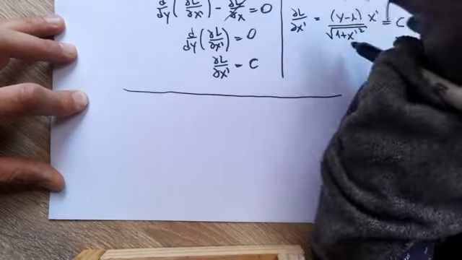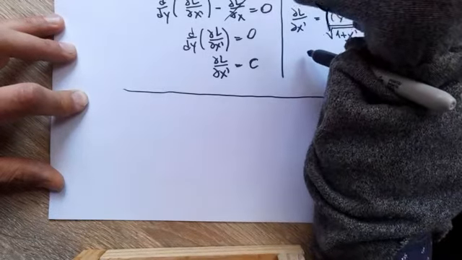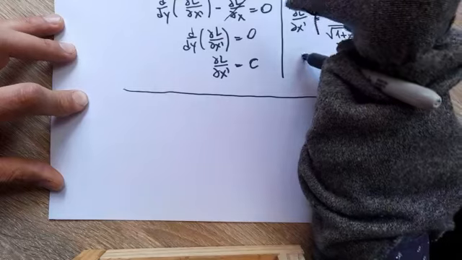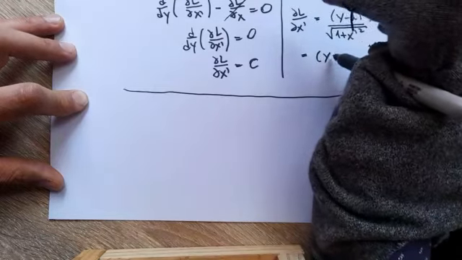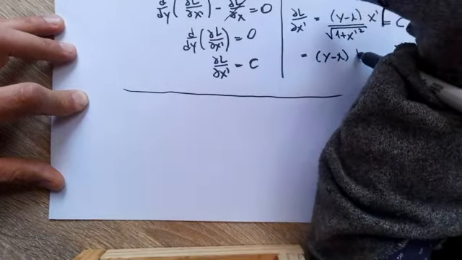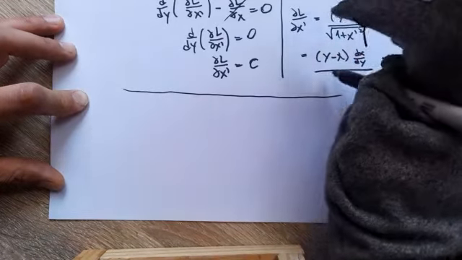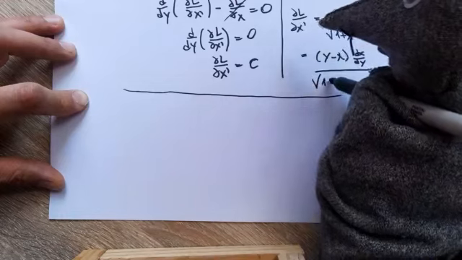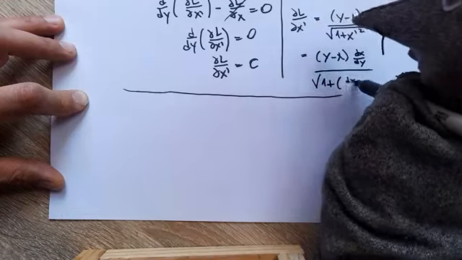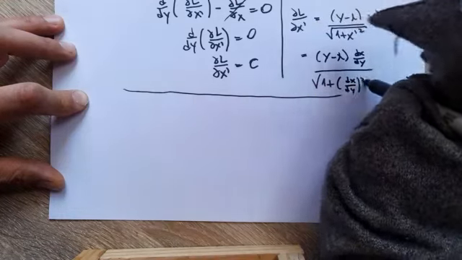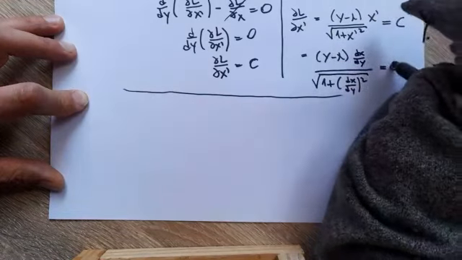We can replace the x prime. So this is the same as y minus lambda times dx/dy over the square root of 1 plus dx/dy square equals c.